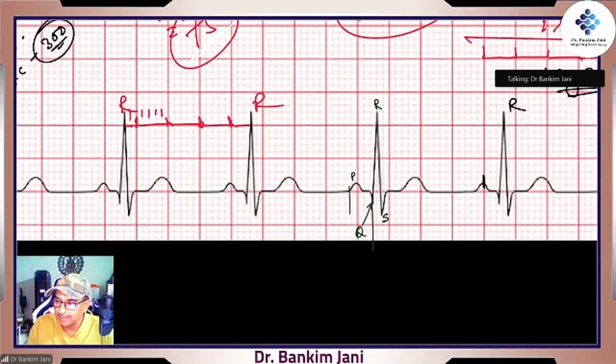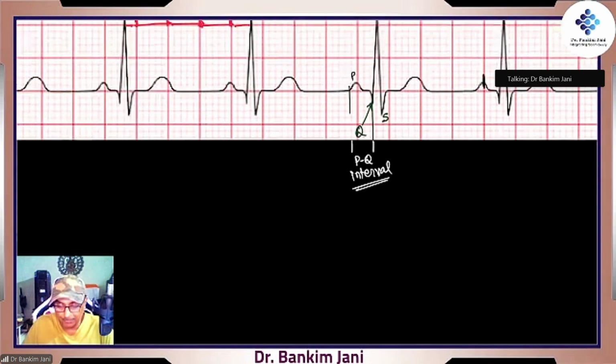If you calculate this, then this is the PQ interval, correct? Yes, actually it is the PQ interval, but it is said to be the PR interval. The reason? Many times Q is not present. Q is present when? Because of the interventricular septum.